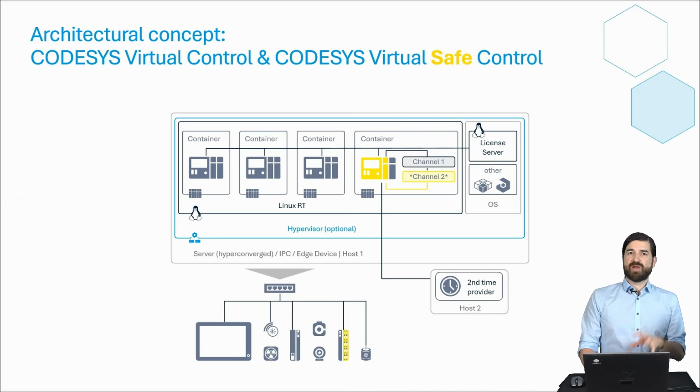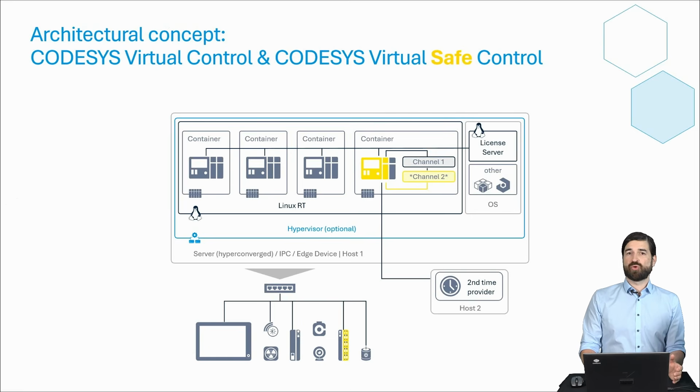And on the right side, on a separate second host, you see the second independent time provider. This is the one additional hardware requirement for the safety architecture right now. You need an independent time source that doesn't rely on the same CPU or system clock as the main host. This is used to verify that the safety cycle times are being maintained correctly and that the safety system hasn't stalled or lost synchronization.